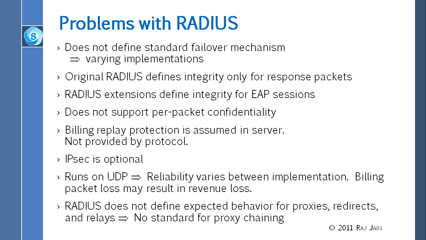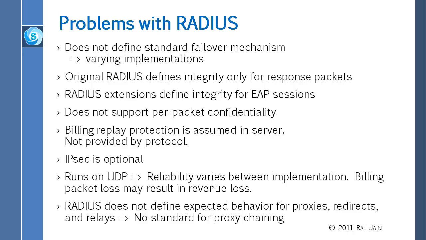So if the same billing data is sent twice, it is assumed that the server somehow knows that this is a repeat of the previous billing and not a new billing record. For example, if you say the person has used up 1 hour, and then you send again that the same person has used 1 hour, the server has to somehow figure out whether these are the same 1 hour or different 1 hour. So replay protection is assumed in the server. IPsec is optional, so the security is not really required.